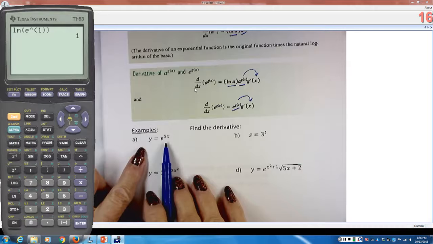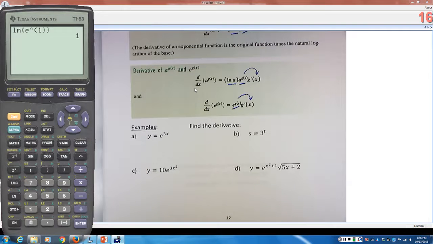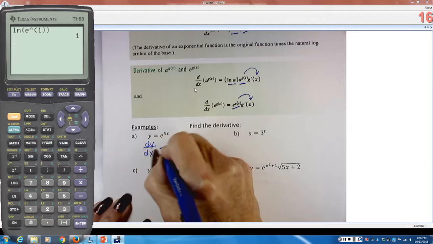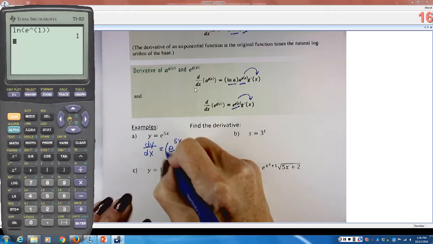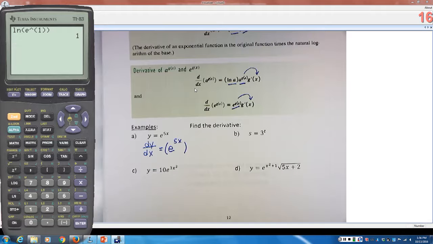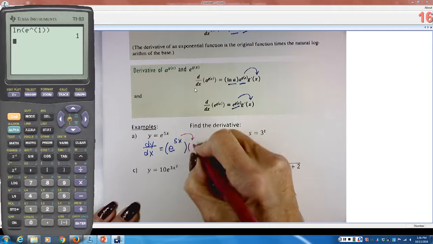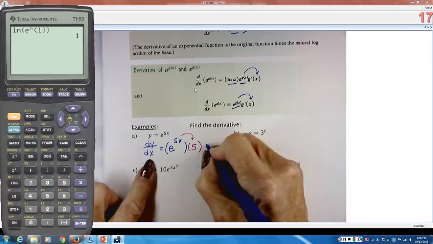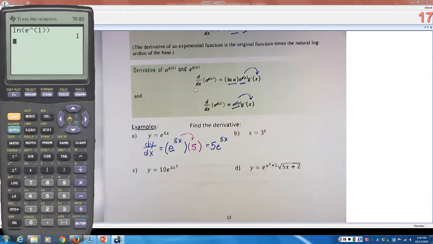So we have y equals e to the 5x power. And the derivative of e raised to any power is equal to e raised to that power. But then I also have to take the derivative of the power, and the derivative of 5x is 5. So the derivative is actually 5e to the 5x.